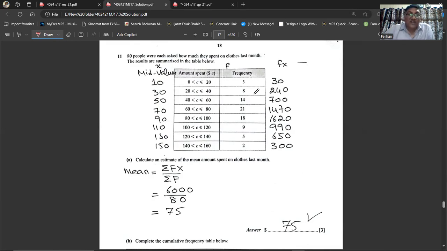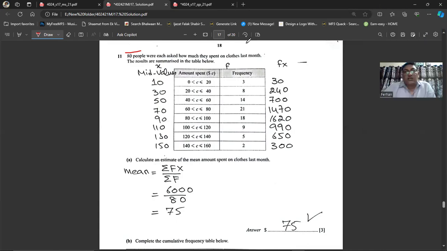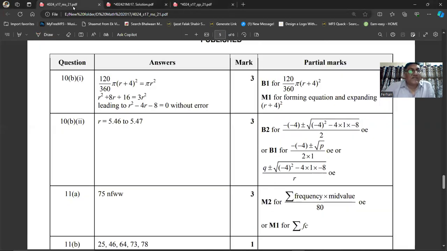You add up all these frequencies: 3 plus 8 plus 14 plus 21 plus 18 plus 9 plus 5 plus 2, that will be 80. So 6,000 divided by 80, and that will be 75. So the mean is 75.